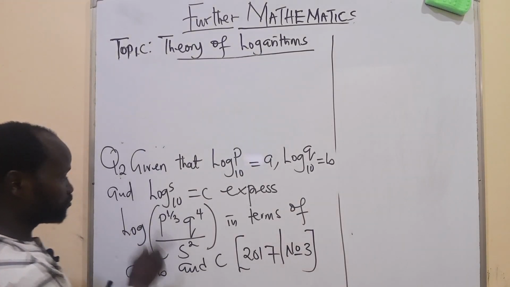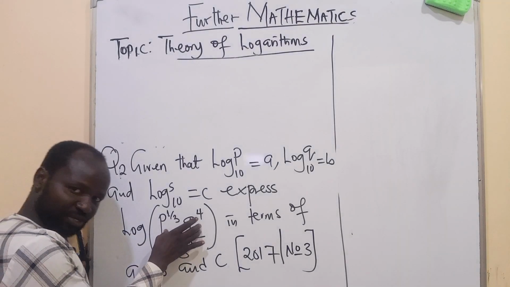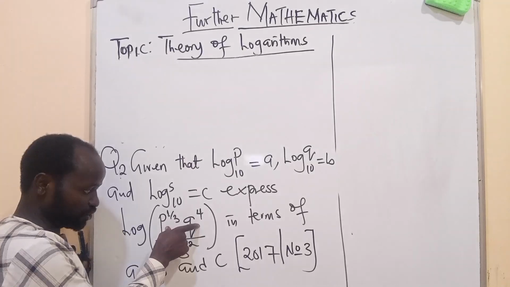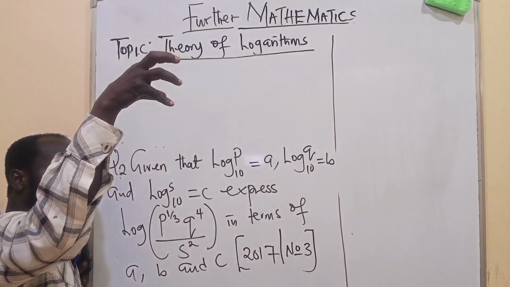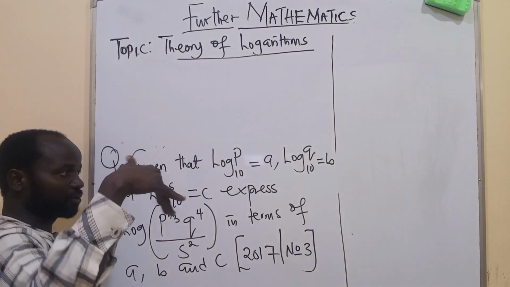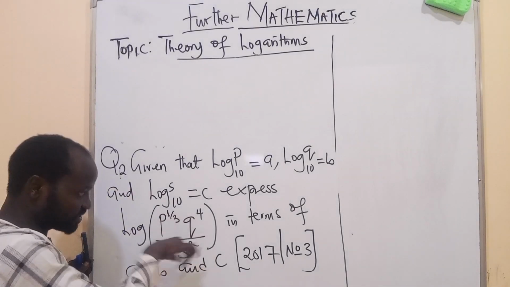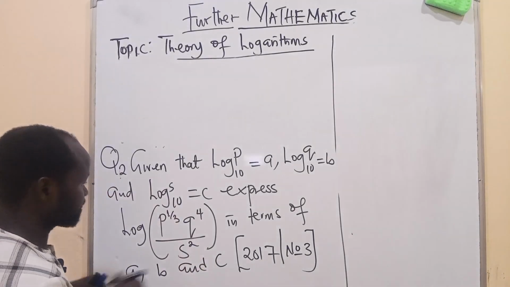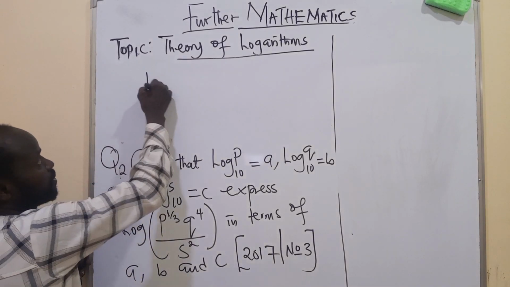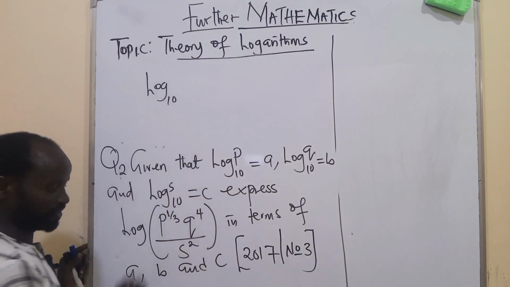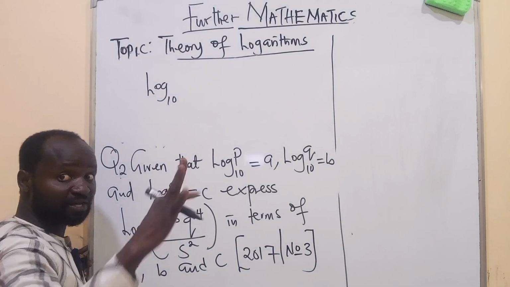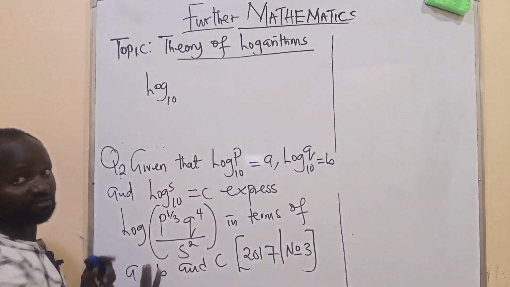So the first thing to do, you realize that this is a combination of multiplication and division. So the first law of logarithm is the addition law. Then the second law is the subtraction law. So I have to split work on this. What do I mean? I can write this as log, and it will be base 10 because it's not given. So if the base is not given in logarithm, it means it is 10.